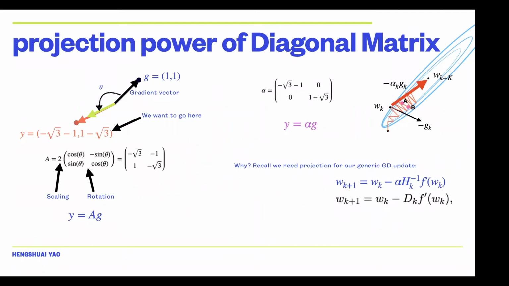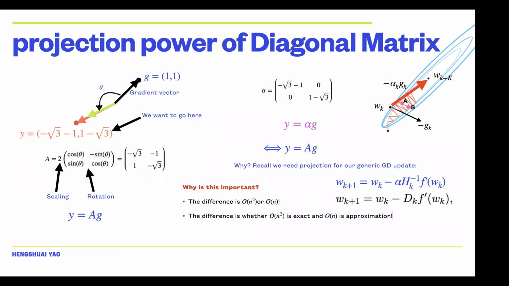Alpha times G, yeah, that equals Y. That means it achieves the same function as a dense matrix A. So why is this important? The difference is order n squared or order n.